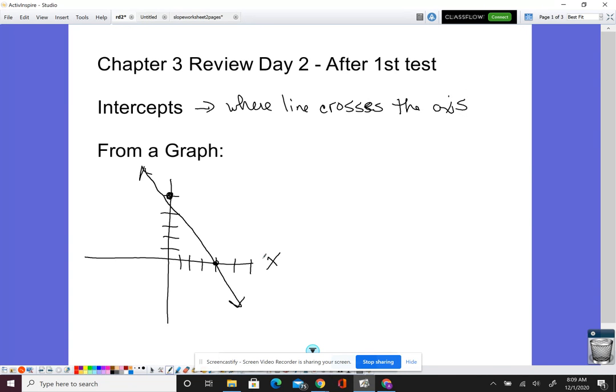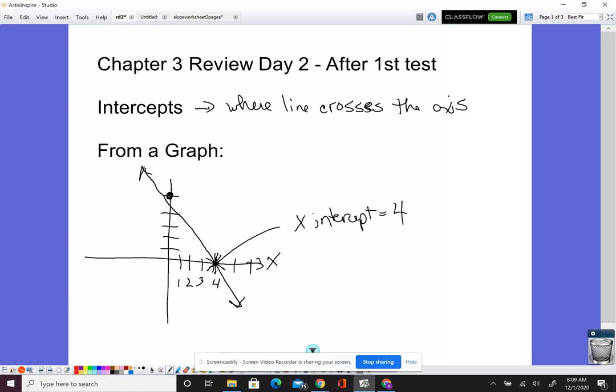So we have our x-axis down here, and where it crosses right there, which is at 4, if we're assuming that these are ones, we can say that our x-intercept is equal to 4.